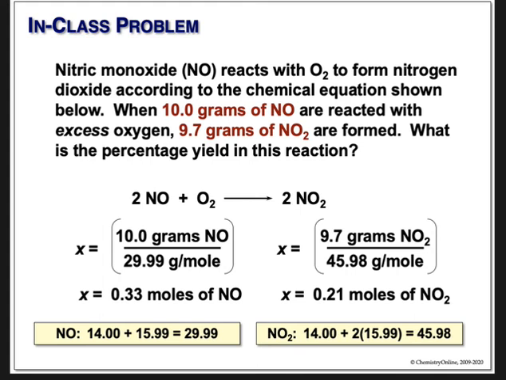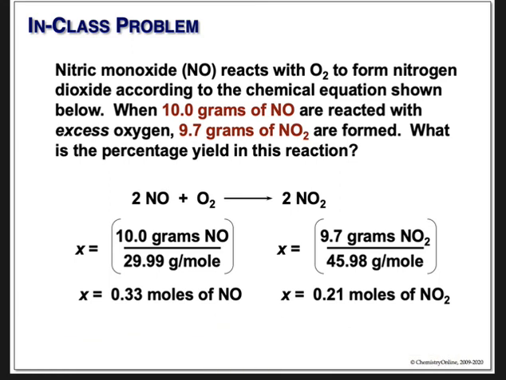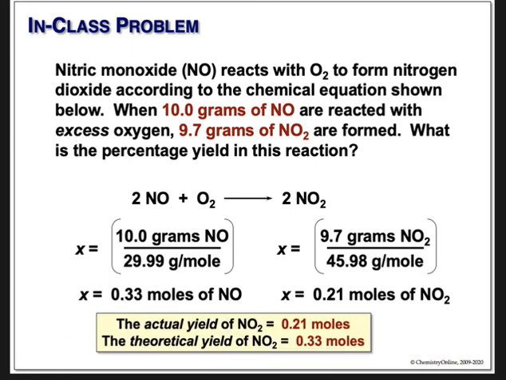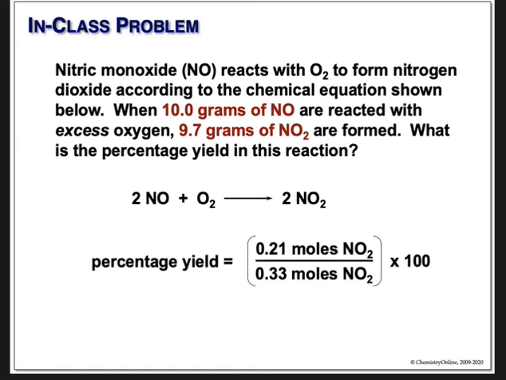To get our percent yield, we would simply take actual over theoretical times 100. There's a ratio times 100, 63%. Any questions?